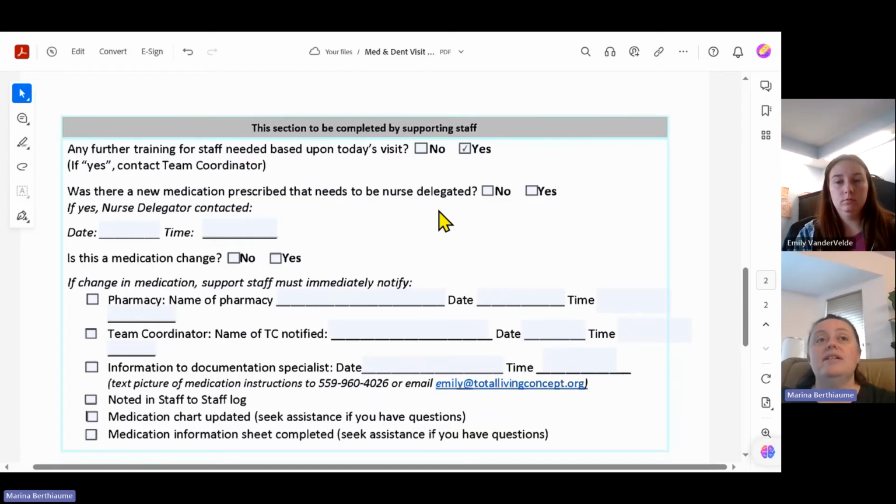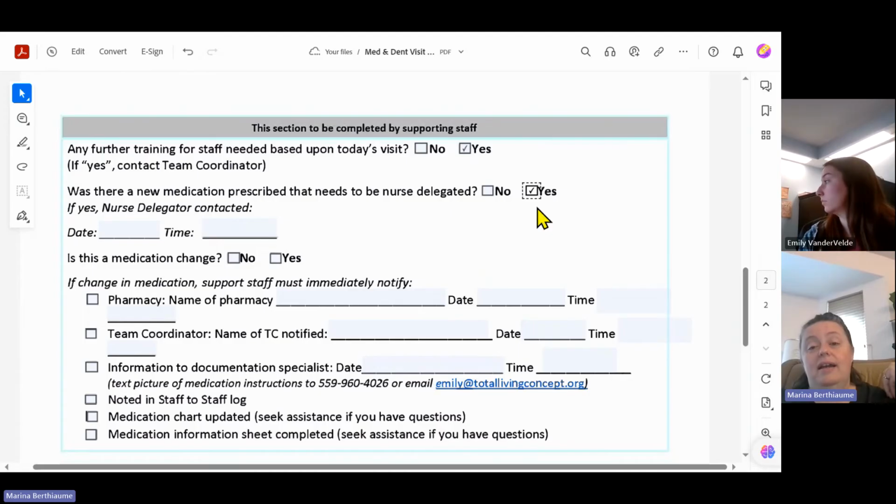They need staff to do the physical administration of the medication. So, for example, the person has an ear infection and is unable to physically reach their ear to do the ear drops that were prescribed. That's going to be yes for needs to be nurse delegated.